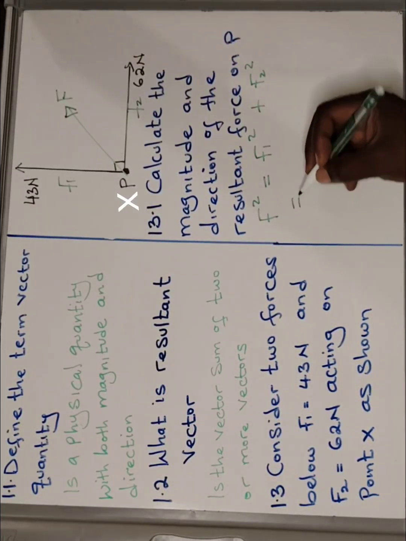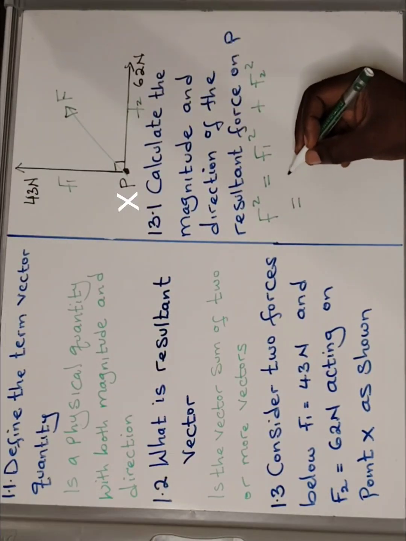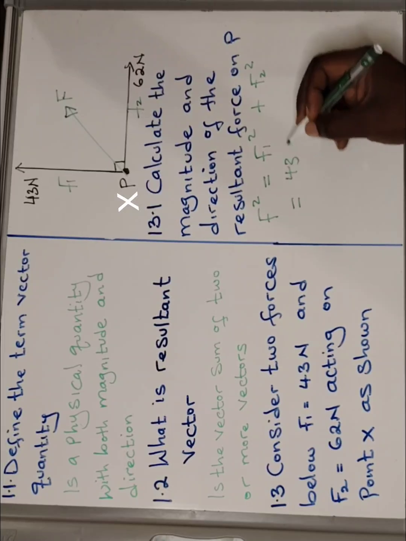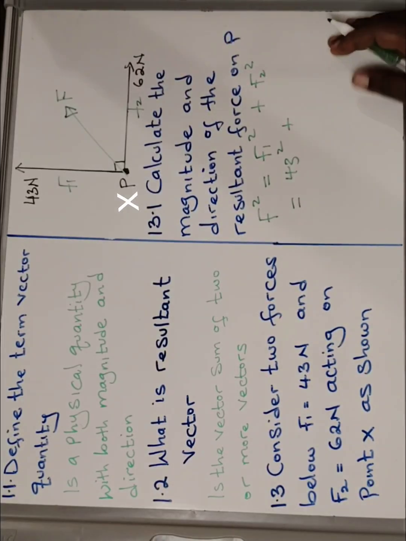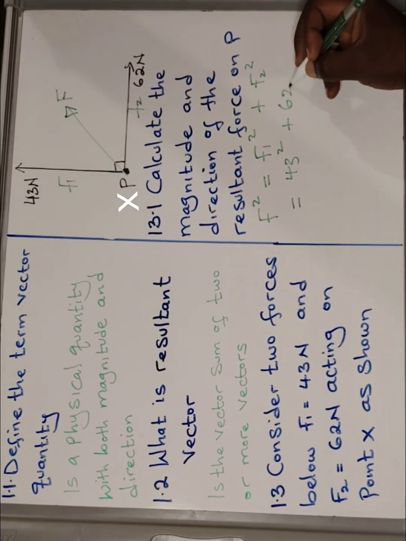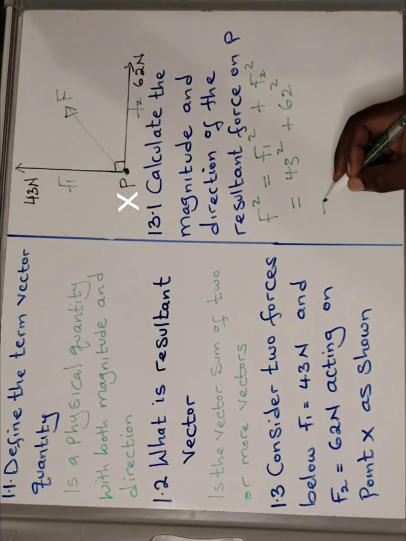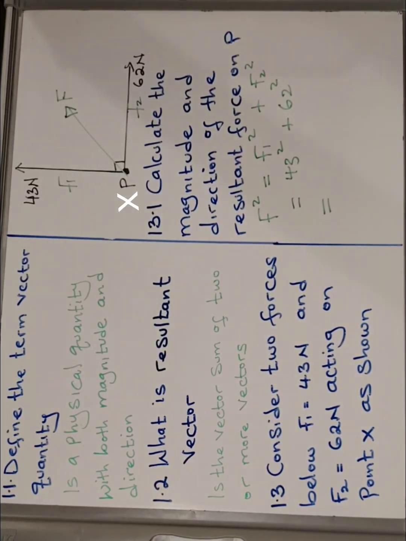So what is our F1? It is 43 squared. And what is our F2? It is 62 squared. From here, let's see what we get. So this is what we get after pressing the calculator. So what is our next step? Next step is to get the square root of both sides.